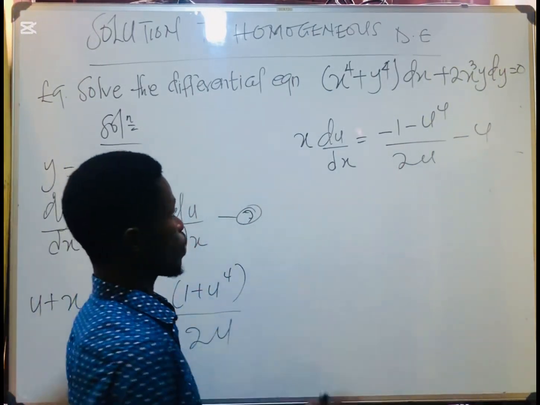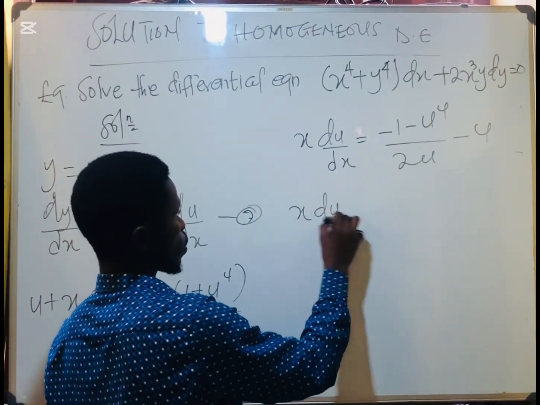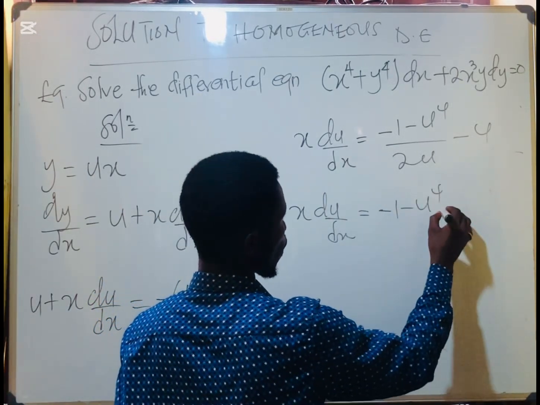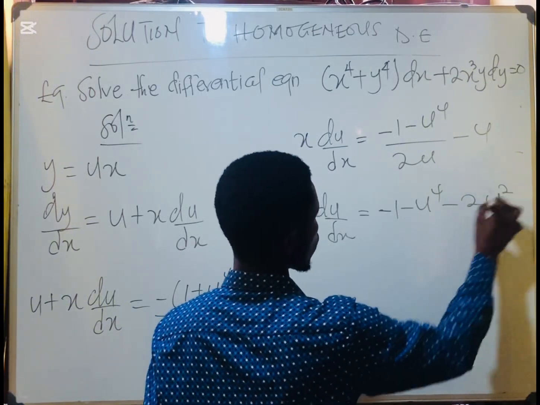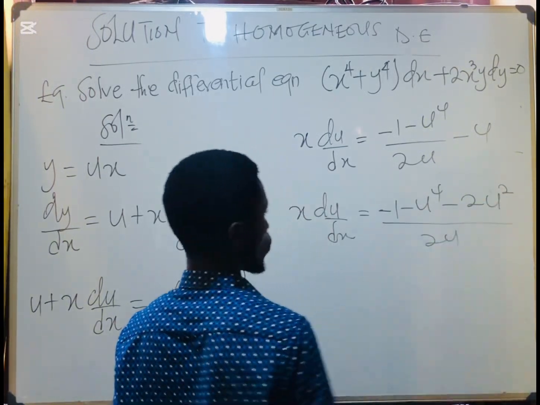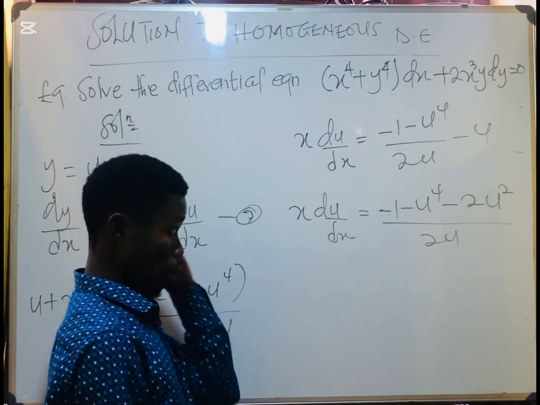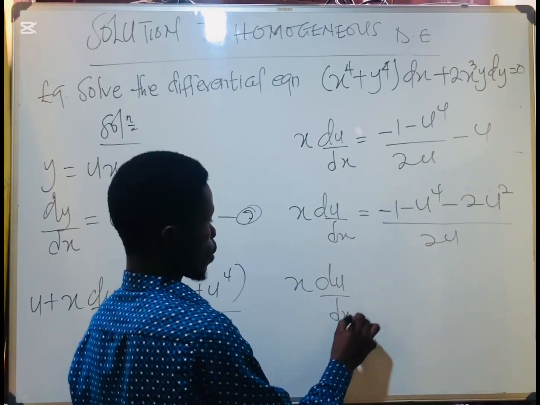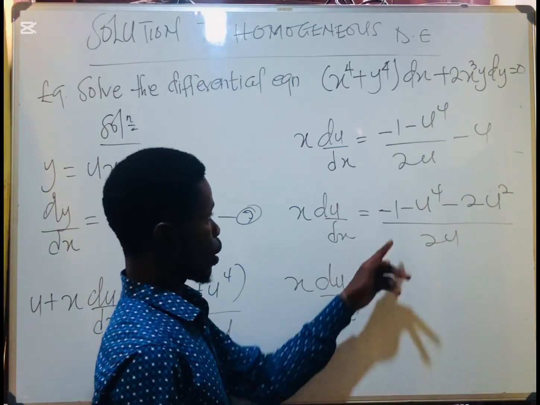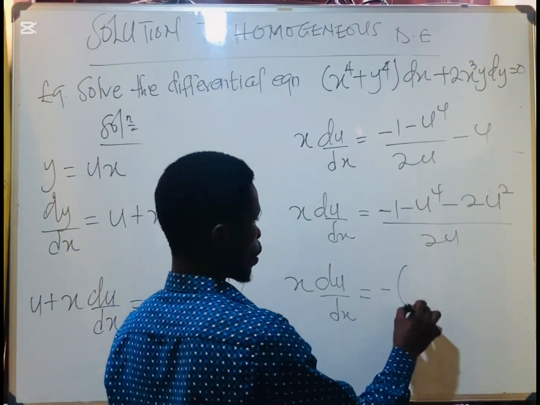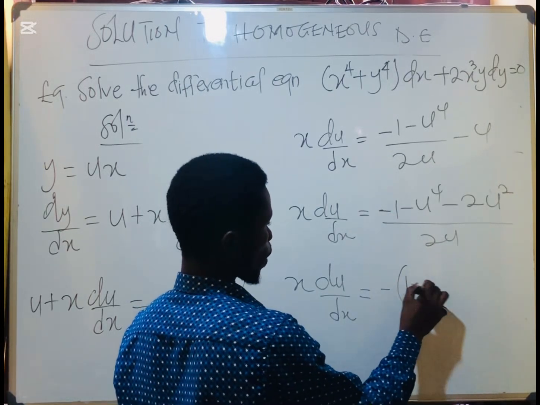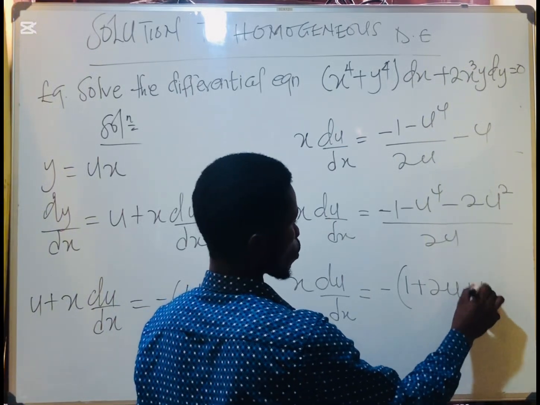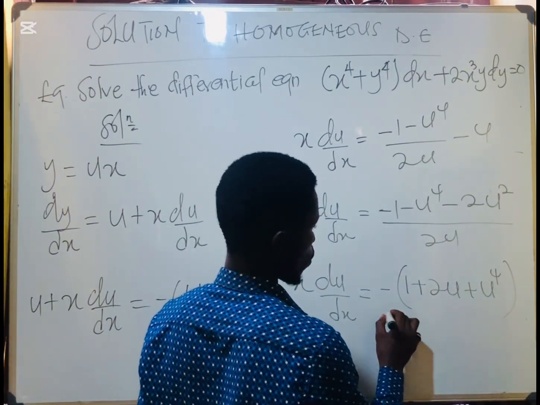Here I find the LCM, and that gives negative 1 minus u⁴ minus 2u² all divided by 2u. Now these are all negative, so I can factorize the negative out, and this one will be 1 + 2u² + u⁴, all divided by 2u.